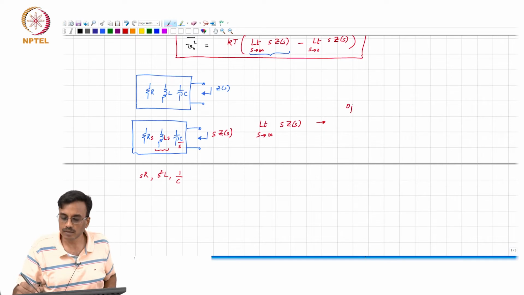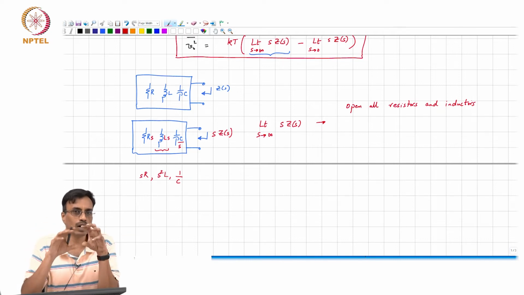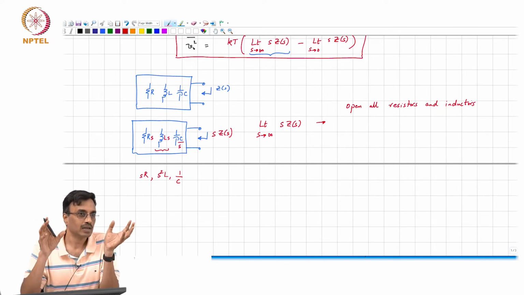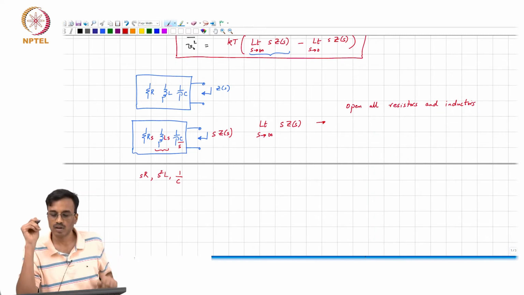You open all resistors and inductors. Once you do that, you will get a network with only capacitors, correct.